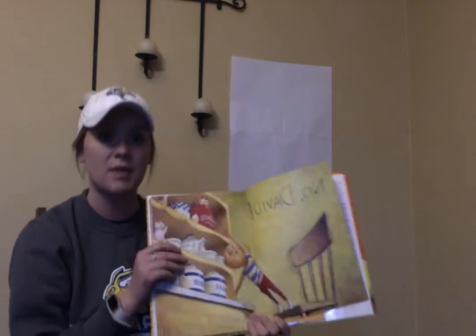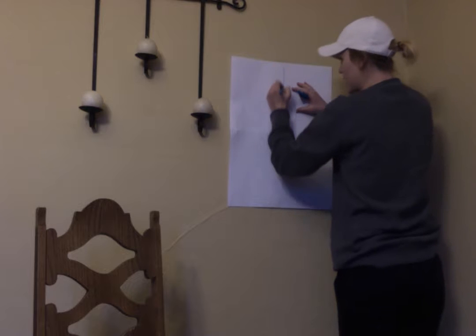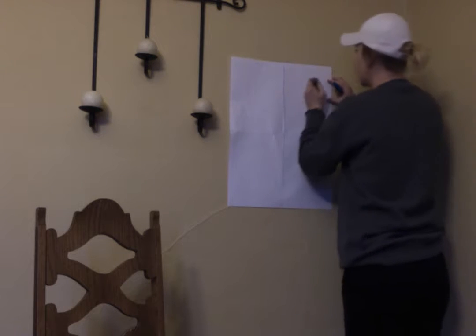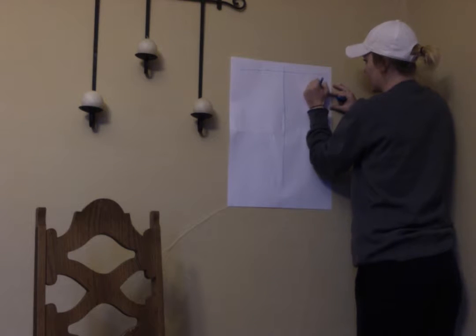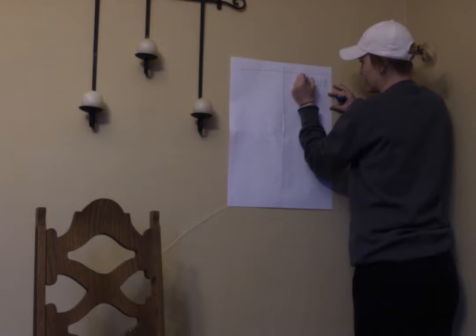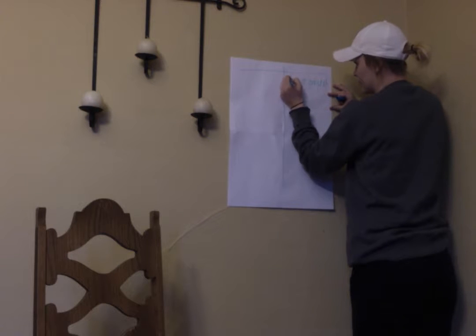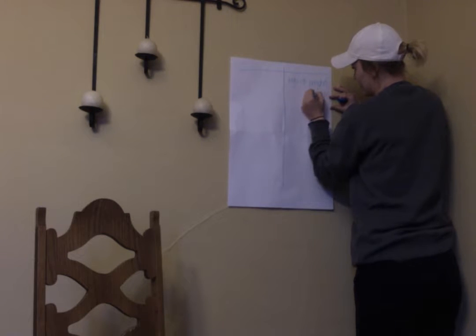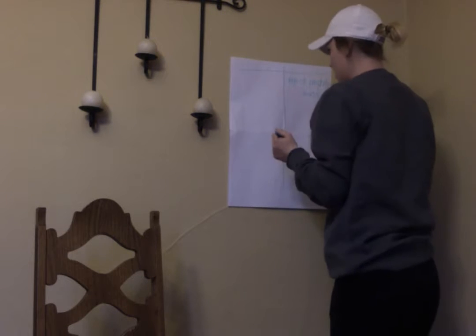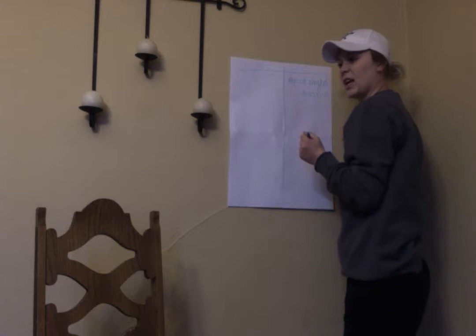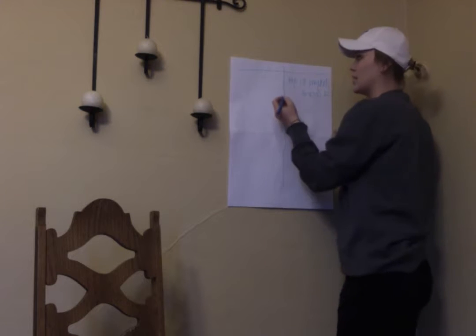I'm going to stop and write David's action down on this chart, and then I'm going to write how his mom is feeling. So I'm going to make a line right down the middle of our paper. So David's action is he's trying to get a cookie. I think that his mom might be feeling kind of frustrated that he's trying to get a cookie when he's not supposed to.